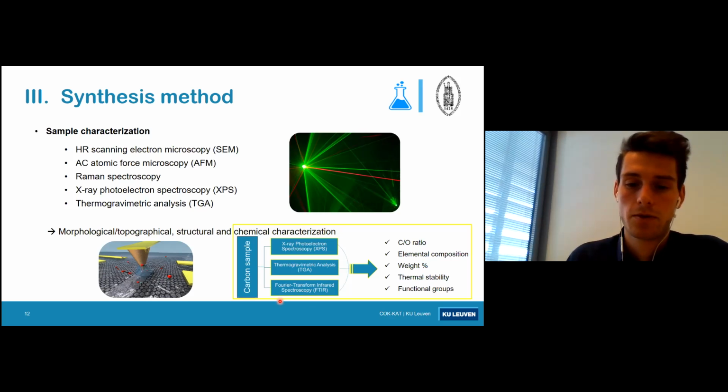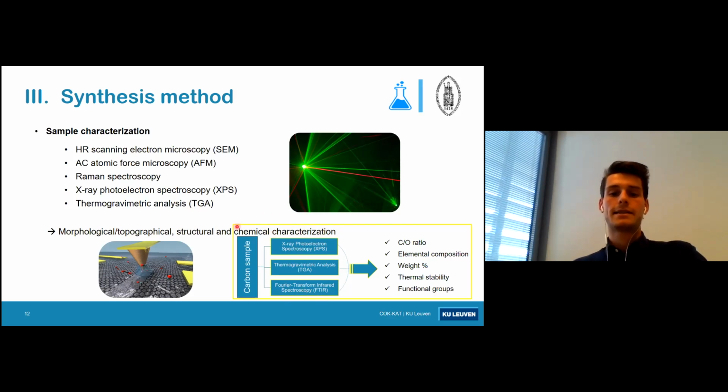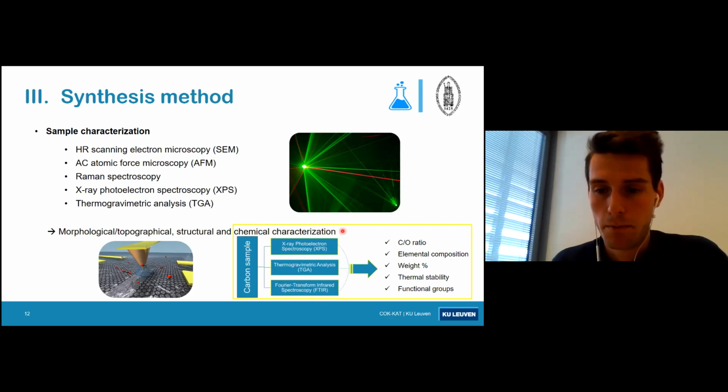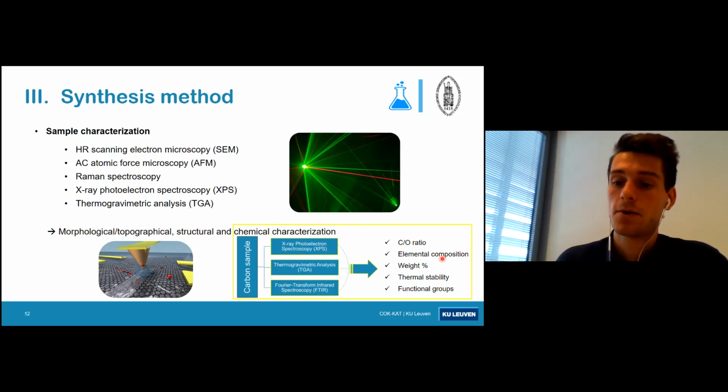This is also often complementary to Fourier transform infrared spectroscopy. So these techniques are more chemical based, and these give you the C/O ratio, also the elemental composition of your material, the weight percentages, thermal stability, and functional groups on your material.